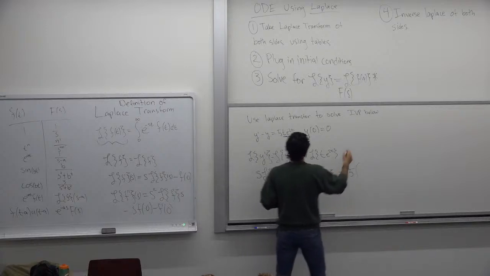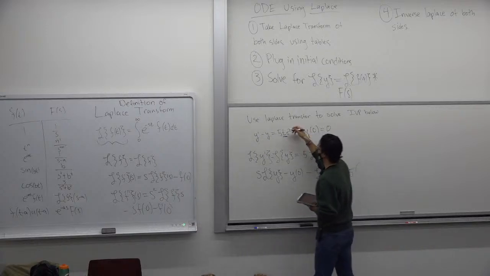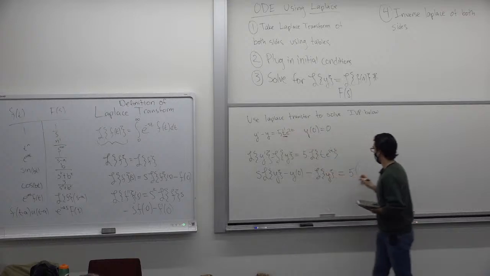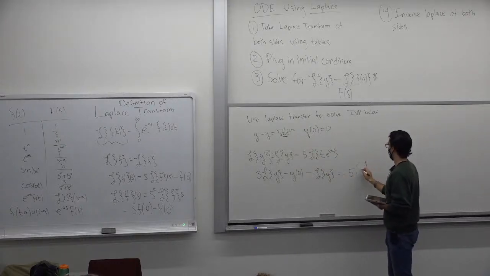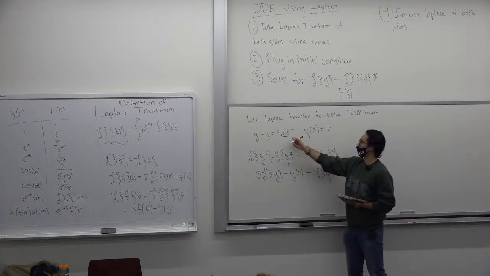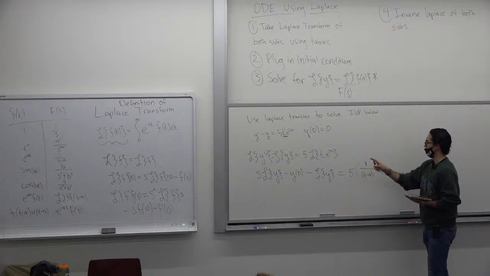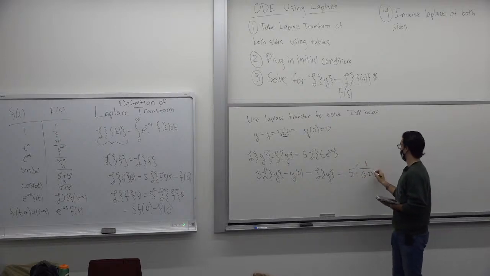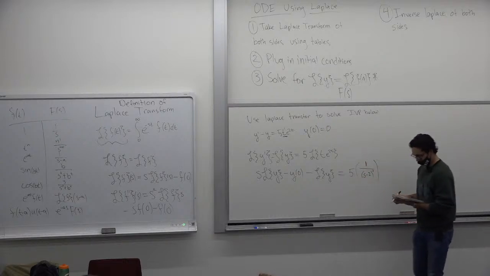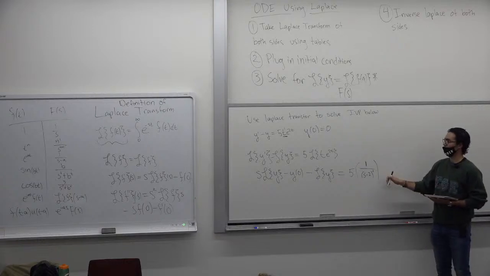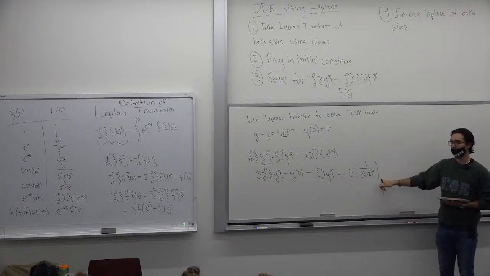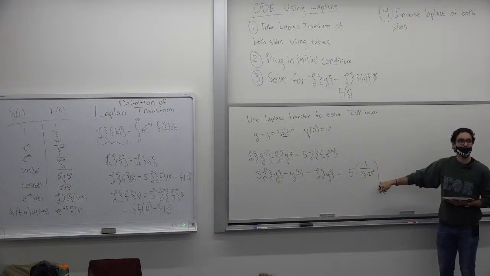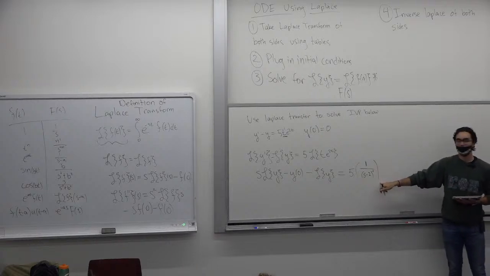So t is going to be to the power of 1, e to the 2t, and a is 2, so s to the power 1 plus 1. 1 plus 1 is 2. So this is our Laplace transform. Is anyone confused how I got this? Beautiful.